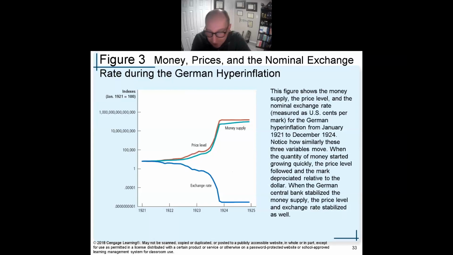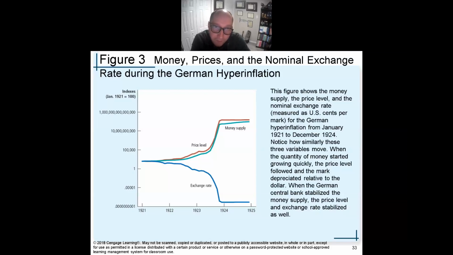We see this graph. This graph's important. The reason why this graph's important is because we see the relationship between the money supply and the exchange rate. When the money supply went up, inflation went up. That's what we expected. But look what happened to the exchange rate. The exchange rate went down because the country at the time was suffering from inflation.